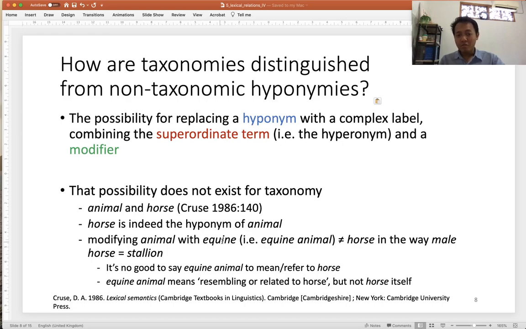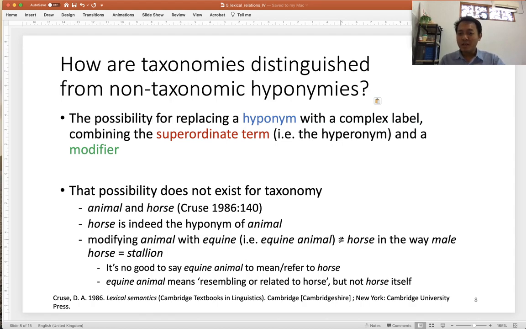when you combine this adjective equine to modify animal into equine animal, it does not refer to horse. An animal that is related to or resembling a horse is not a horse in itself.